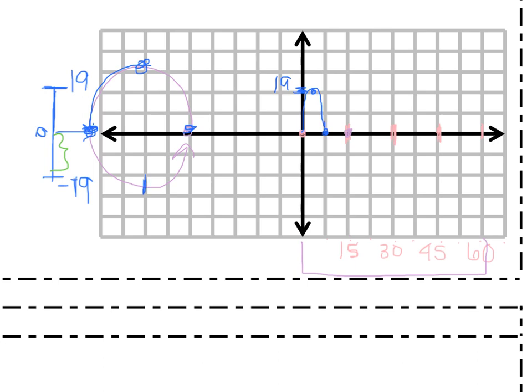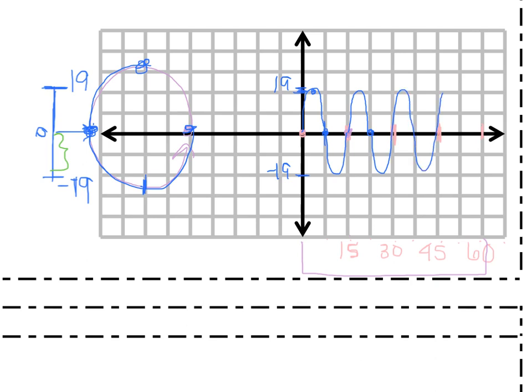Then halfway between 7.5 and 15, I hit my low value, which is negative 19. Again, this is me being a little bit precise. This pattern is going to repeat itself because essentially we're unraveling the Ferris wheel. Notice halfway again between 15 and 30, I'm going to hit a height of 0, and then it's going to keep cycling back and forth.